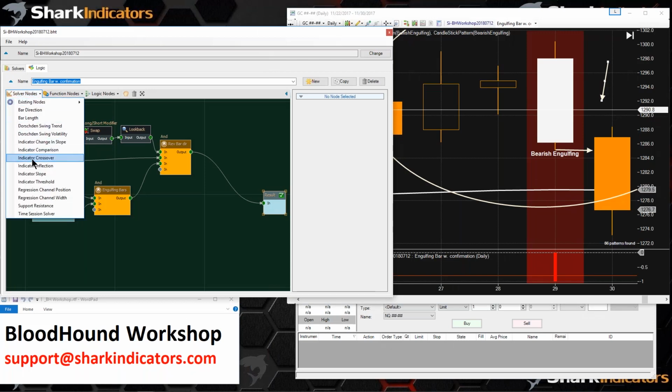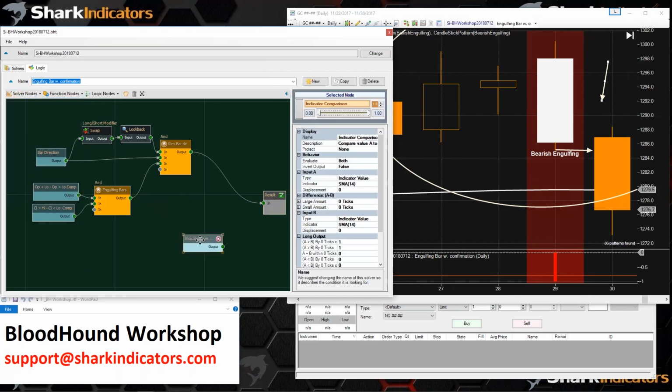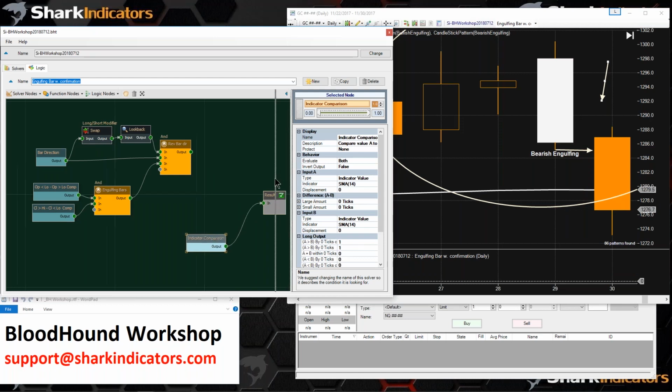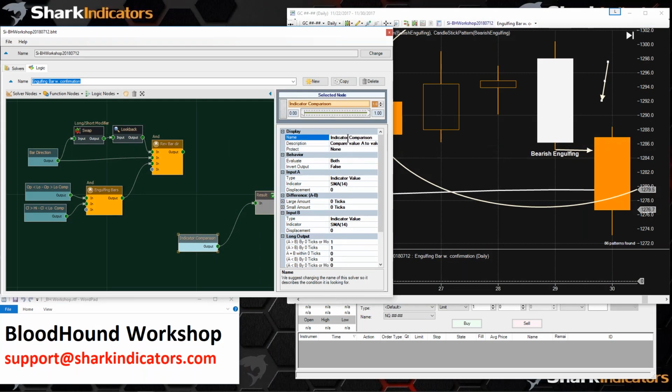So let's grab another comparison solver. Right, that's probably 80% of what trading is all about, is doing a bunch of comparisons, right? Right, so let's see here. So I'm looking for the high of bar 0.